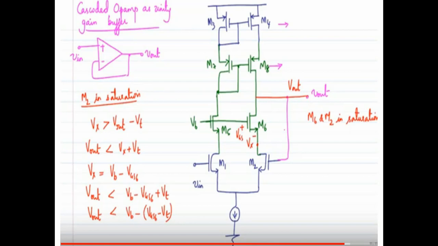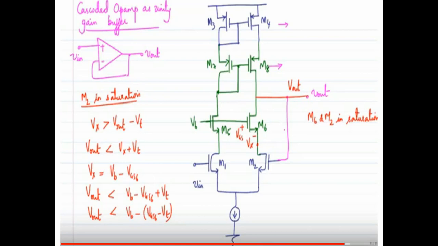For M2, VD is Vx, and the gate is Vout. So Vx is greater than Vout minus Vt, which we can also write as Vout less than Vx plus Vt. Then what is Vx?